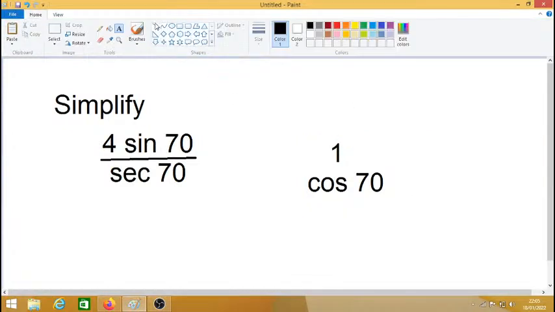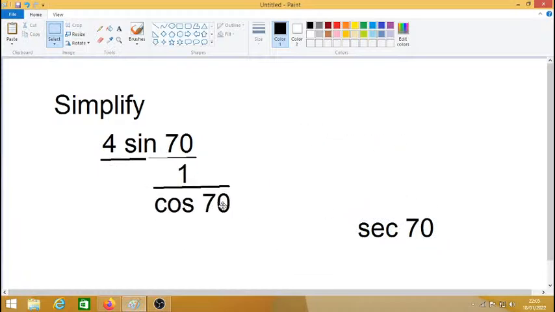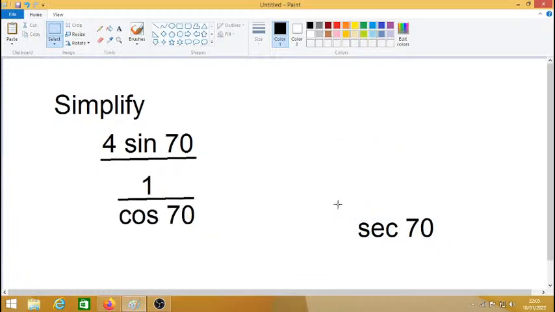This is going to look a little bit funny because you've got a fraction over a fraction, but just go with it. So let's take the sec 70 and replace that with 1 over cos 70. And then to deal with a fraction over a fraction, it's better to turn that first fraction line into a divide, just your normal divide.